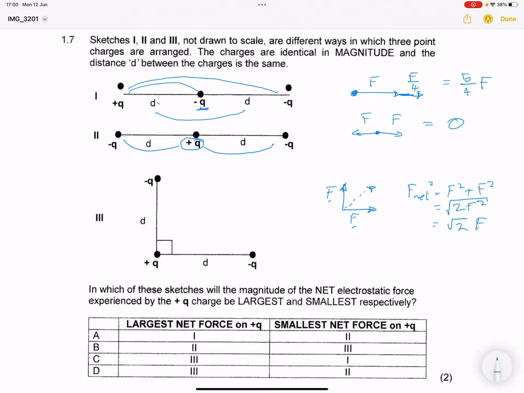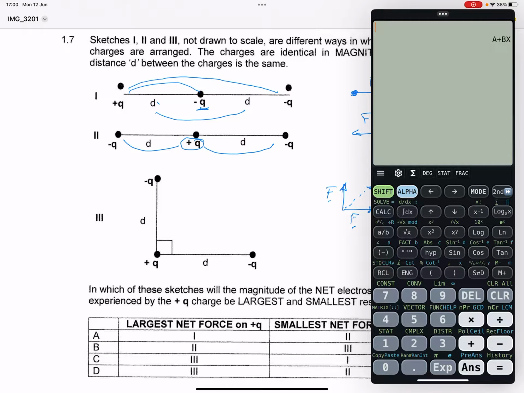And so if we take the square root, it will be root 2 of F. Now, you can already see how this force will be the greatest. Square root of 2 gives you about 1.4, whereas 5 over 4, 5 divided by 4, will give us 1.25.